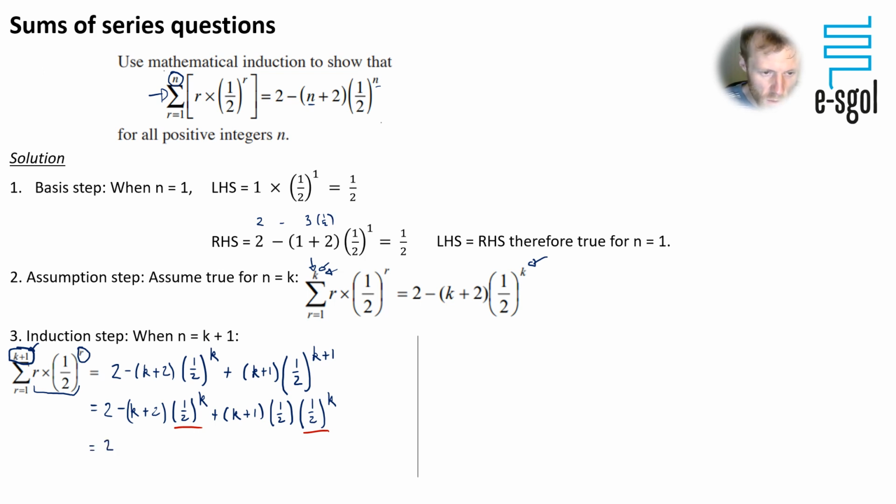So we've got 2 minus half to the power of k, and then open my brackets, k plus 2. So that's that bit there dealt with. Now I have to be a little bit careful here, because when I'm factorising out this half to the power of k, the positive symbol in the middle is going to become minus k plus 1.